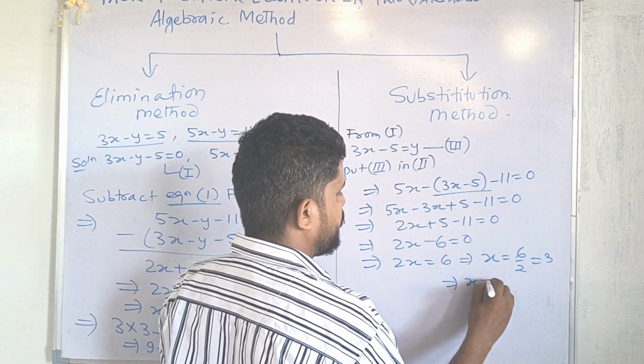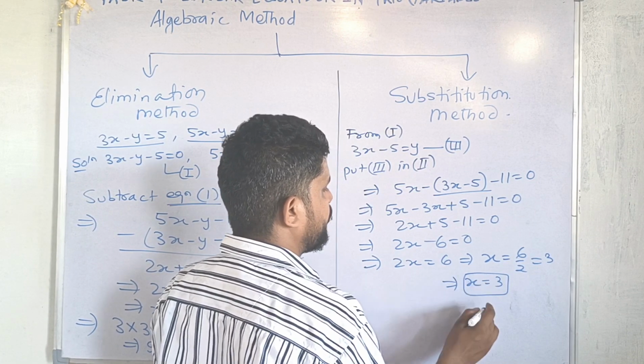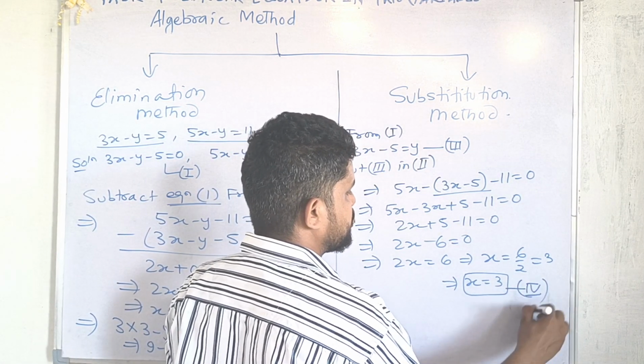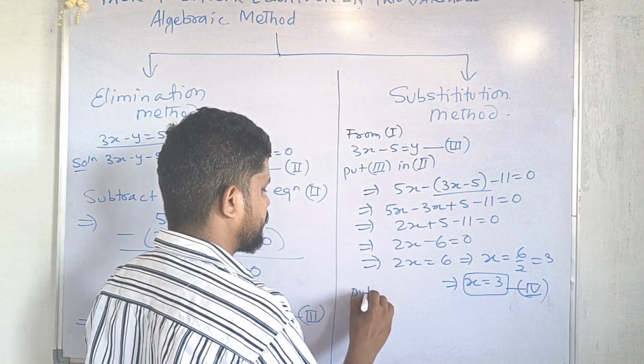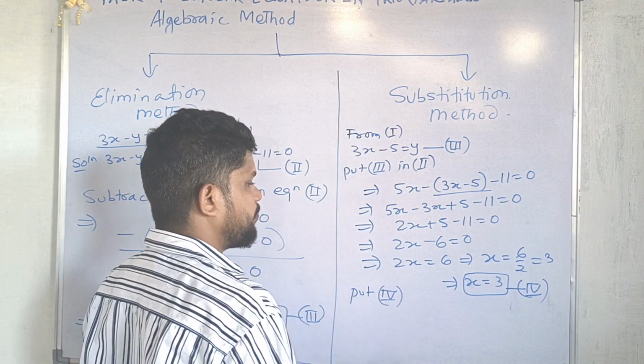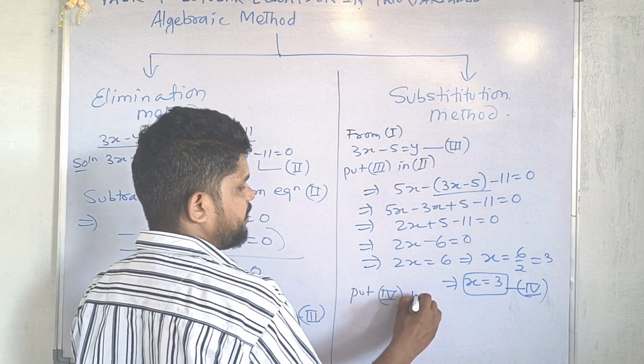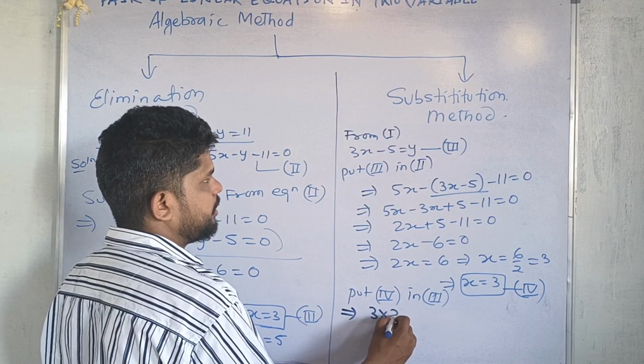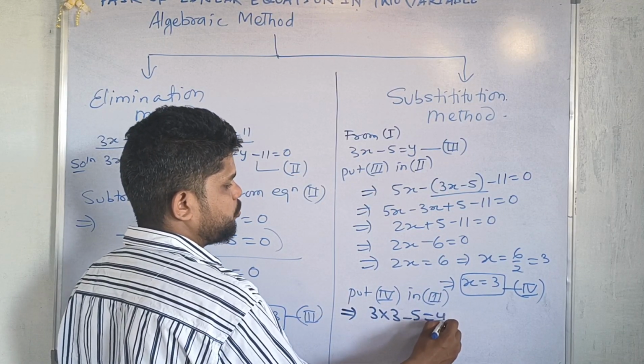Now we have the value of x is equal to 3. Now putting the value of x, which is equal to 3, as equation number 4, put equation number 4 in equation 3. It's 3 into 3 minus 5 is equal to y.